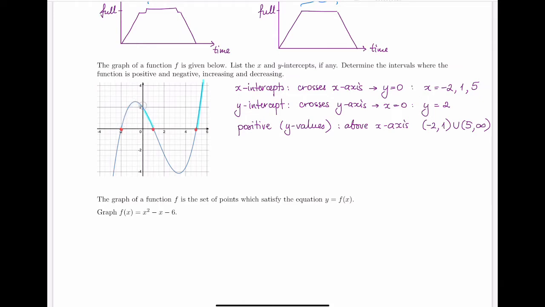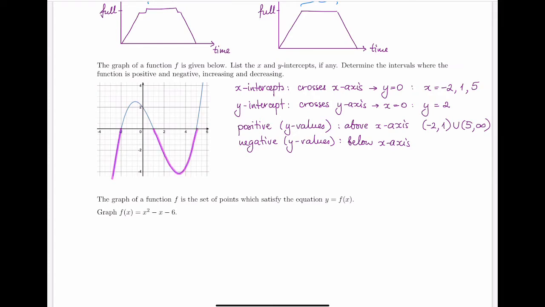Okay, so this is for positive. What about for when is the graph negative? The opposite of that. Negative, again, in terms of y values, will correspond to below the x-axis. And this happens for this particular piece of the graph here, below the x-axis, and here.